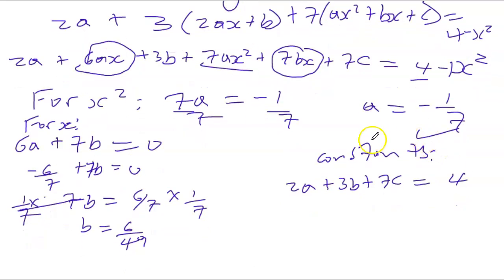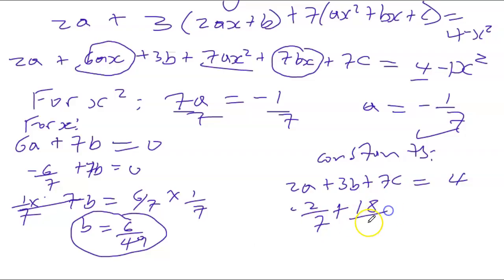The value of a is negative 1 over 7, so 2 times a is negative 2 over 7. We know b is 6 over 49, so 3 times b is 3 times 6 over 49, that's 18 over 49. Plus 7c equal to 4.